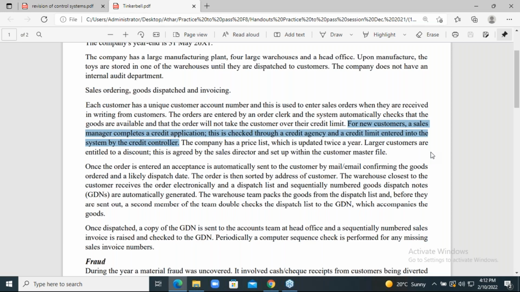The reason behind this is that goods should only be supplied to the customers who have an acceptable level of credit limit or credit ranking.